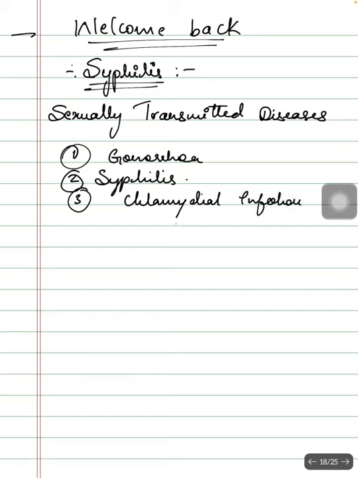Okay, there are certain types here. First one, gonorrhea. Second one, syphilis. Third one is chlamydial infections. Fourth one, chancroid, which is a soft sore.